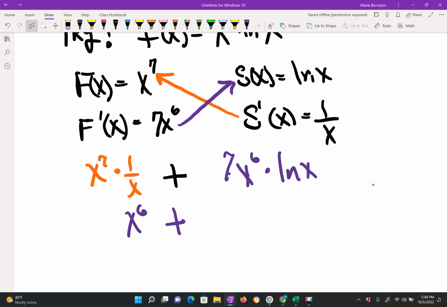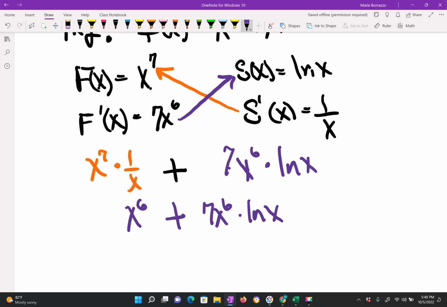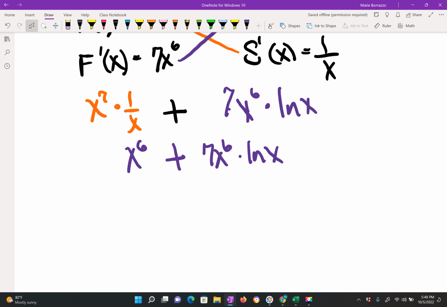Plus what? 7. Okay, is there something I can take out that's common? If I take out x to the 6, am I going to end up with what? 7 natural log x. Good.